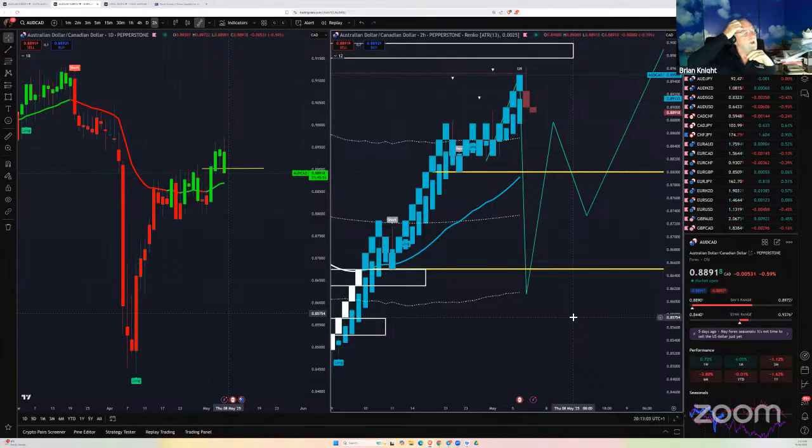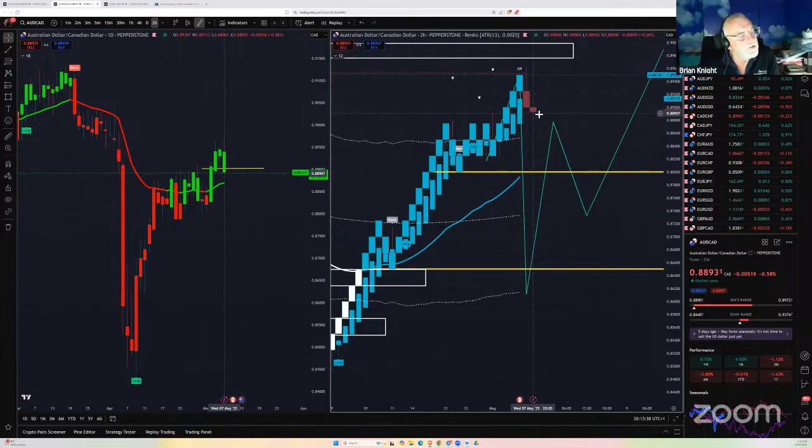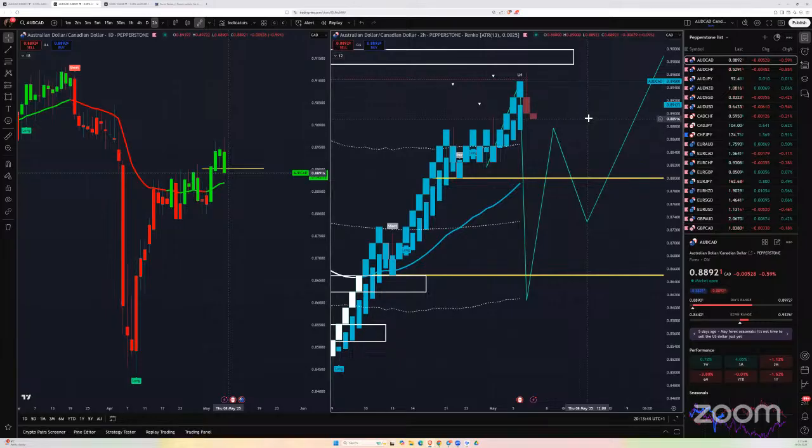So you okay? Let me just try and work out your thoughts on it. So the things you're looking for: you're looking for the bricks to come down further and the blue line to come up further to that green wick on either of those bricks, and you're looking for a white Heiken-Ashi and a short.